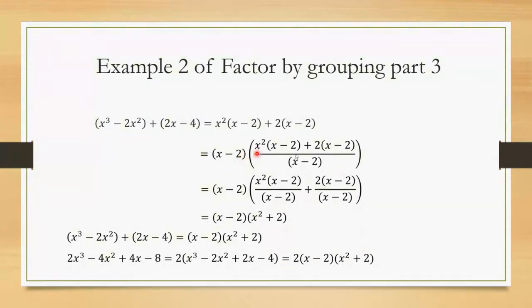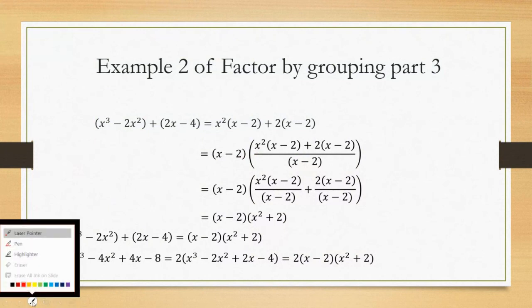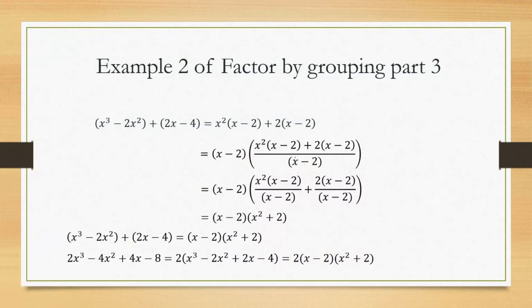But you have to figure out what's left over, so we divide. When you divide, that's the same as dividing into each term. This cancels with this. This cancels with this. And so we're left with x minus 2 times x squared plus 2.